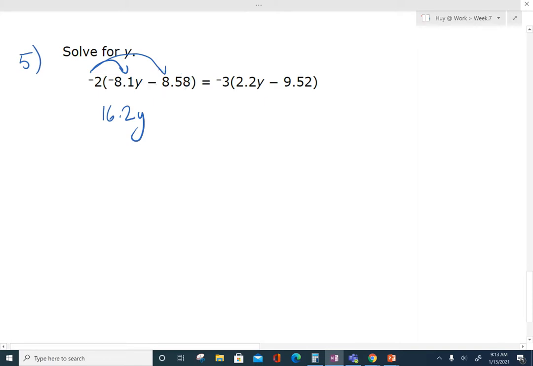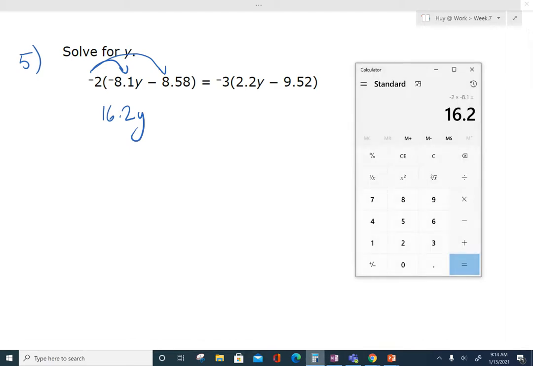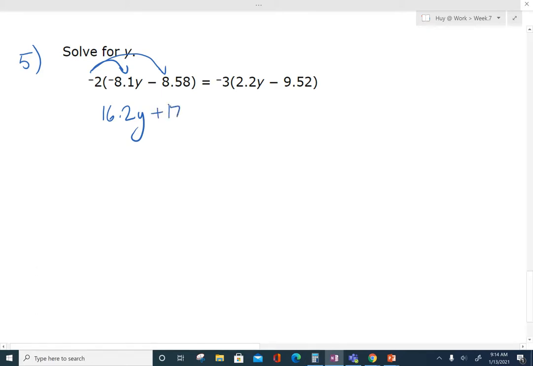So again, it's going to be a -2 times a -8.58. All right, sometimes it's typing things in the calculator correctly that's the hardest, the biggest challenge. So 17.16, this time it's a positive 17.16 because a negative times a negative is a positive.